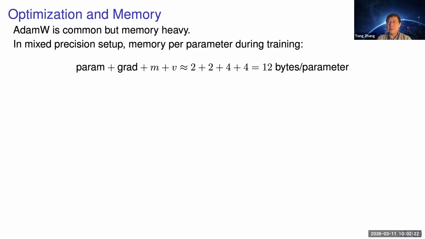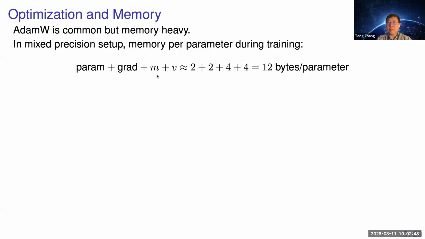Then we can calculate what memory is needed to store parameters. We are not looking at activations at this point. But if you calculate just the parameters needed for your forward and backward, you have a number of parameters, and you have gradients. These need to be in the GPU because they are all computed.